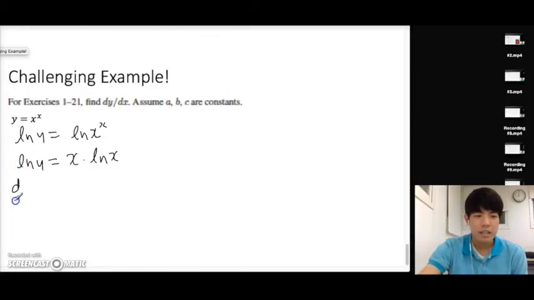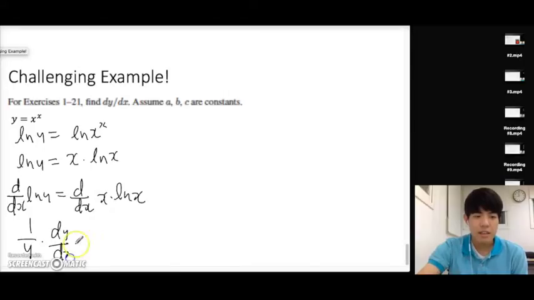So d/dx of ln y equals d/dx of x times ln x, which then we can figure out that this side becomes 1 over y times dy/dx, and this side, we use the product rule here. So first derive x, giving 1 times ln x, plus x times 1 over x. So basically ln x plus 1.